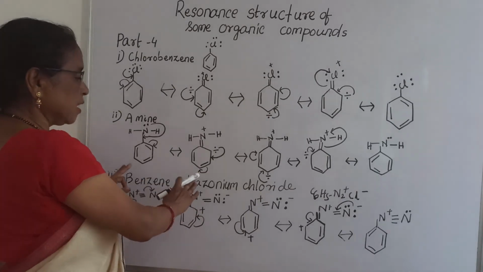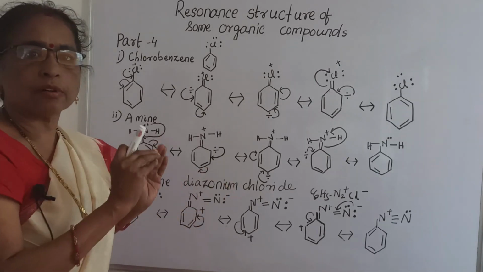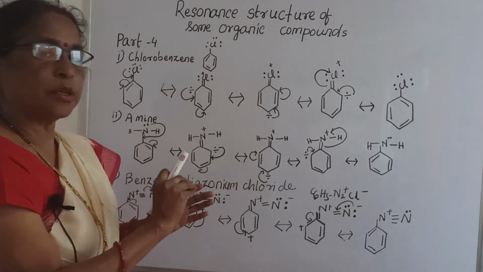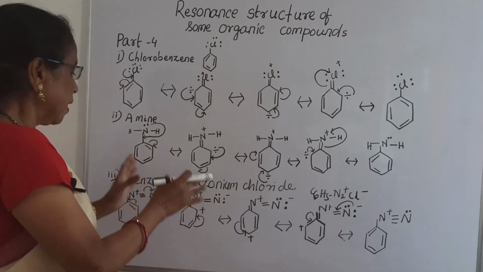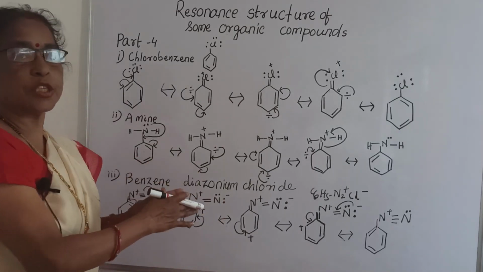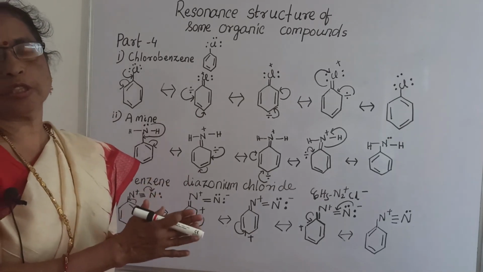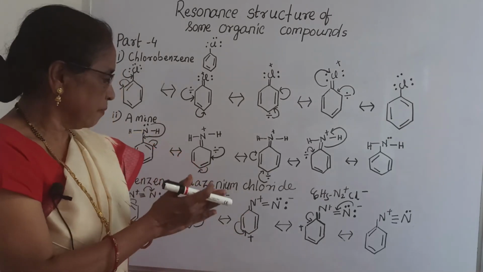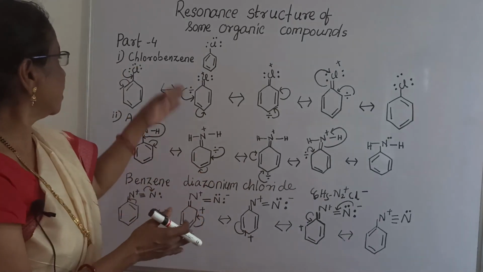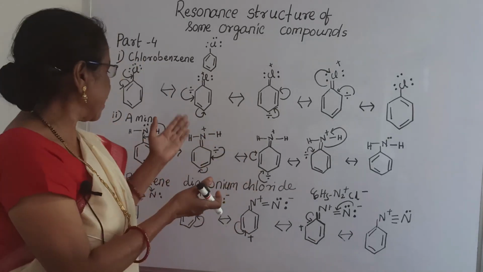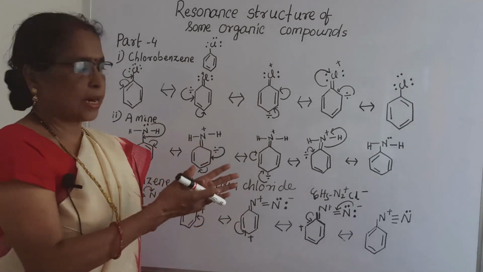So benzene diazonium chloride, where the formula is C6H5N2 plus Cl minus. If you want to see the benzene diazonium ion resonance, you can find the ortho and para positions occupying positive charge. I hope it is clear. Chlorobenzene is ortho para directing, amine also ortho para directing.